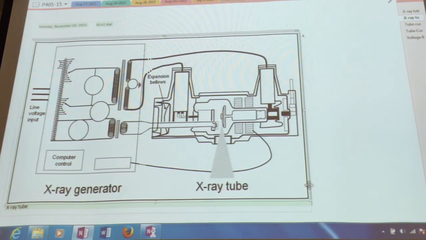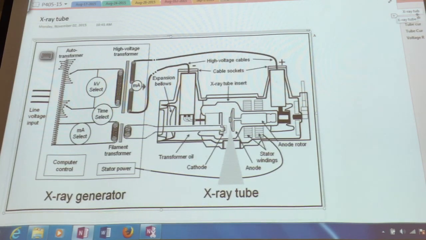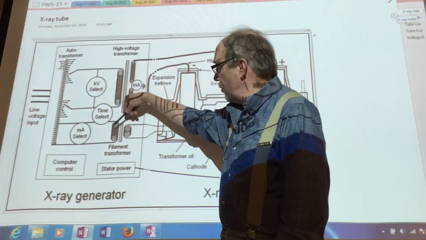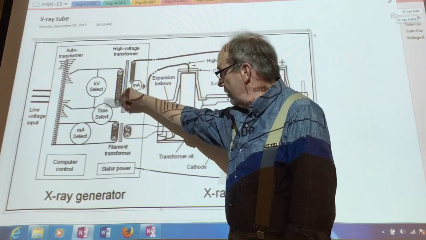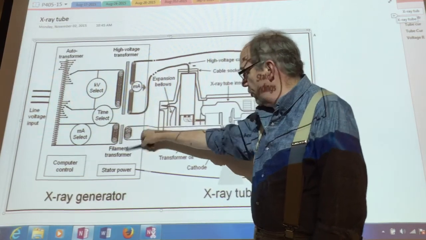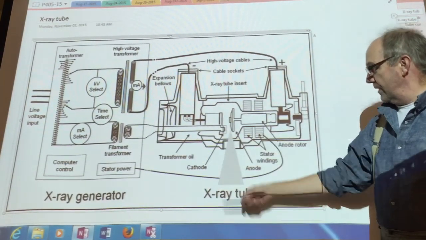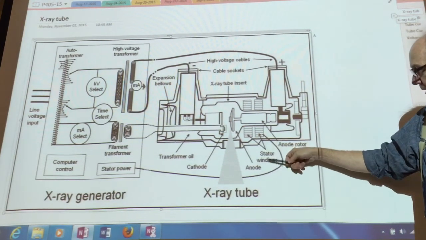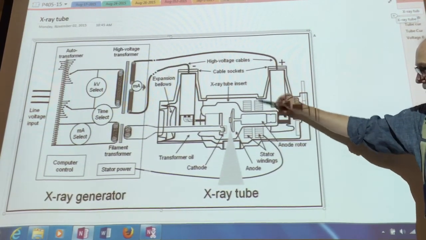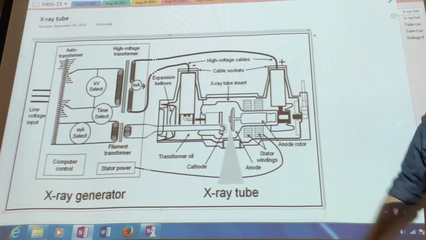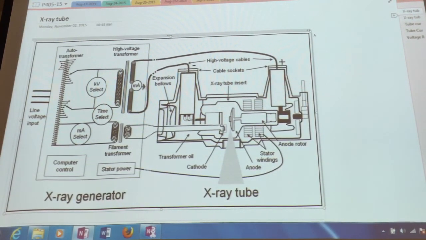Let's go back to the labeled ones now that we took all the fun out of it. So you see you've got our kV selector switch, some other weird stuff related to time selection, filament transformer, transformer oil, cathode, the stator windings for the induction motor, the anode or the rotor motor, all these kind of good things.